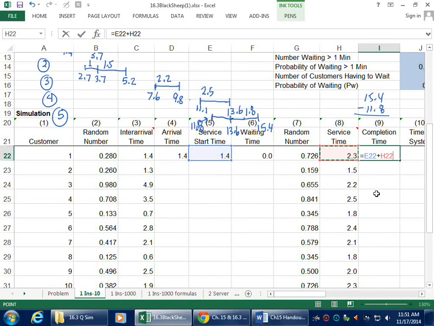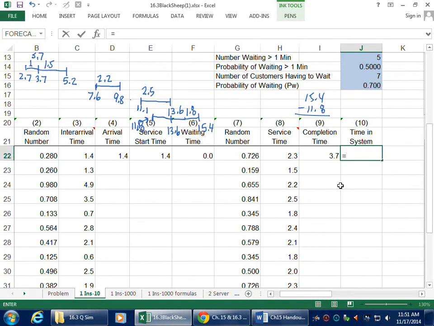And the time in the system is, this is what I meant when I said either way. I could add the waiting time plus the service time, or I could do completion time minus the arrival time.